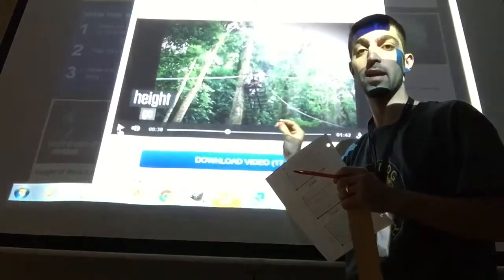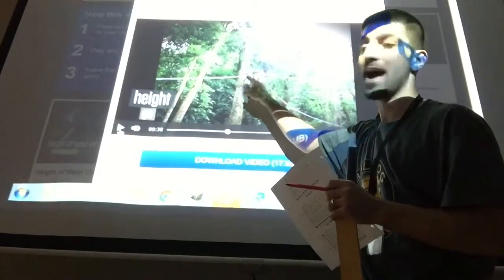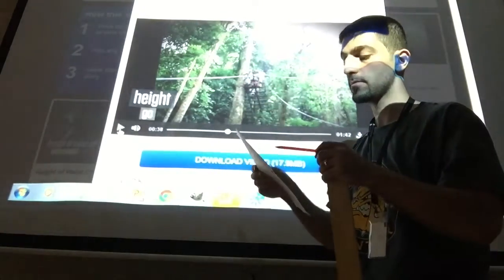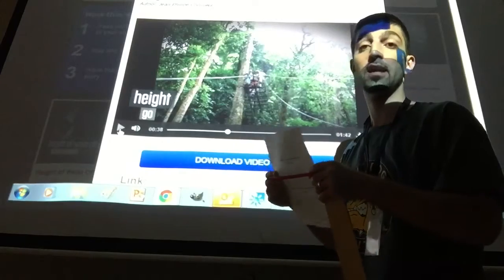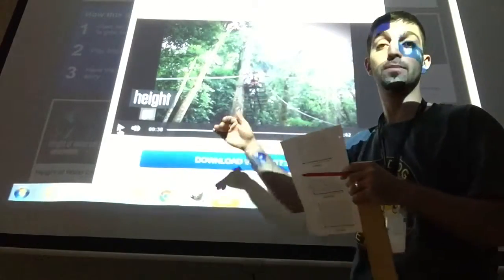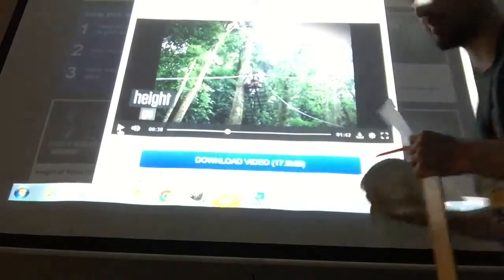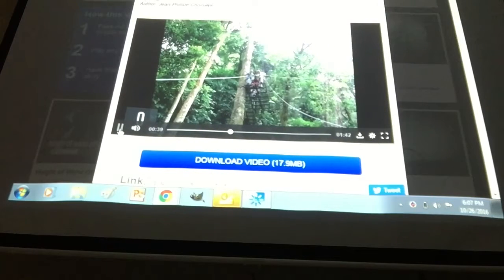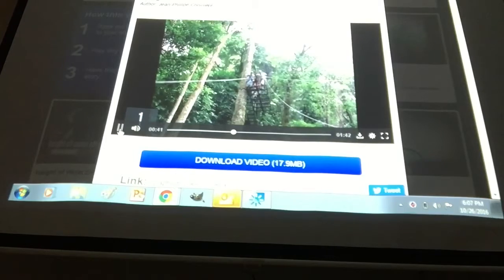Now, I'm just going to give you a hint right now. We're going to start out at 10 feet, okay? All right, we're going to start at 10 feet. As she's moving, you should be drawing on your graph what is happening. Here we go. So there she is at 10 feet.